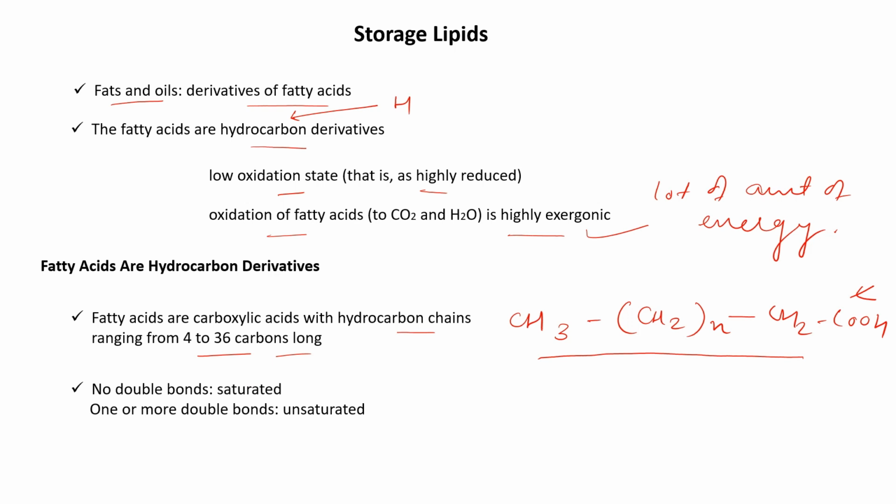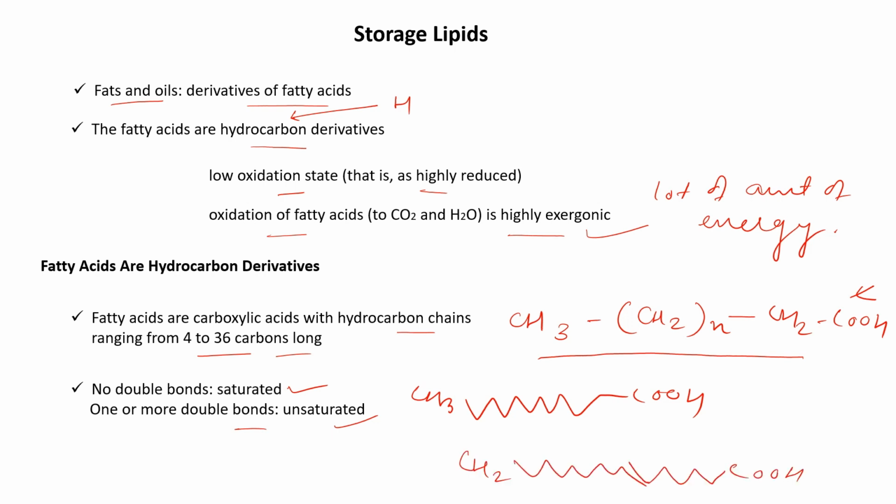Now, if the chain contains only single bonds, that is no double bond, then we call it a saturated fatty acid. And if the chain contains one or more double bonds, then we call it an unsaturated fatty acid. For example, this is one saturated fatty acid, that is all single bonds and no double bond. And this is an example of an unsaturated fatty acid having two double bonds.